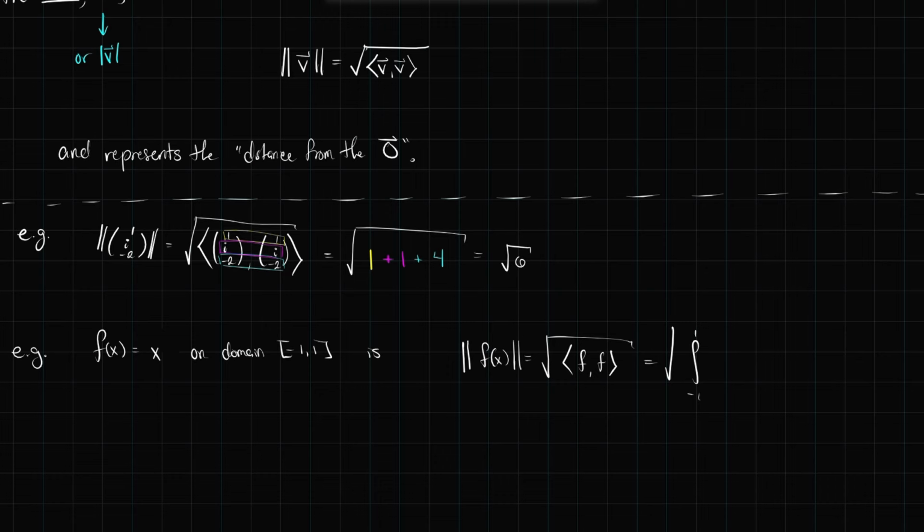So we have an integral from negative 1 to 1 of the function f, which was x, dx. We compute this as x cubed over 3 from negative 1 to 1, which will give me the square root of 1 cubed over 3, which is 1/3, minus negative 1 cubed over 3, which is negative 1/3, also known as the square root of 2/3. So we can actually compute norms of functions as well using this definition.